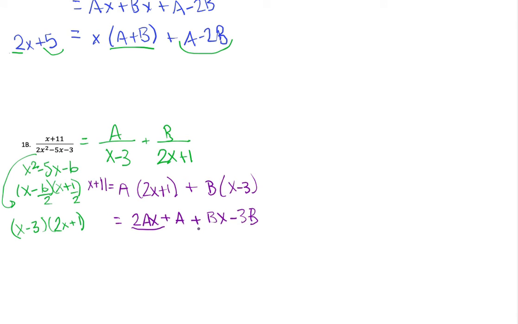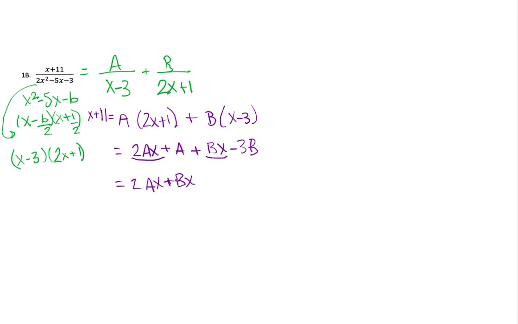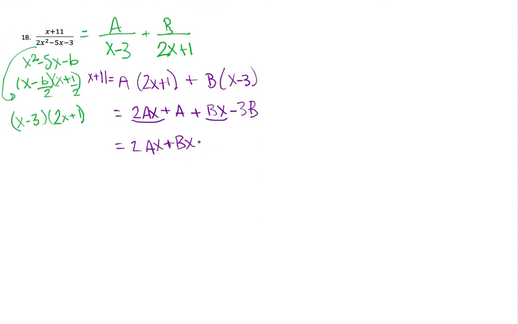Group my x's together. 2ax plus bx plus a minus 3b. I will take this and factor out an x. So I have x times 2a plus b. And then this is just my constant.